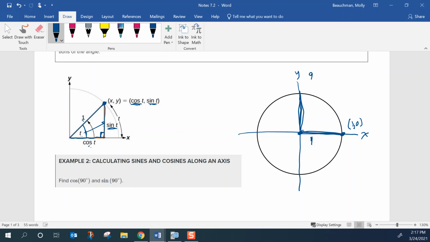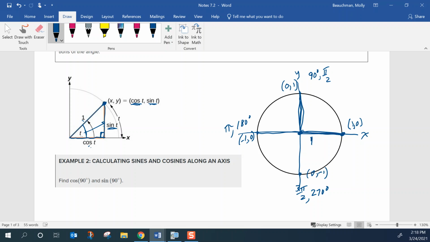At 90 degrees, or pi over 2, the coordinate is 0, 1. The coordinate at pi, or 180 degrees, is negative 1, 0. And the coordinate at 3 pi over 2, or 270 degrees, is 0, negative 1.